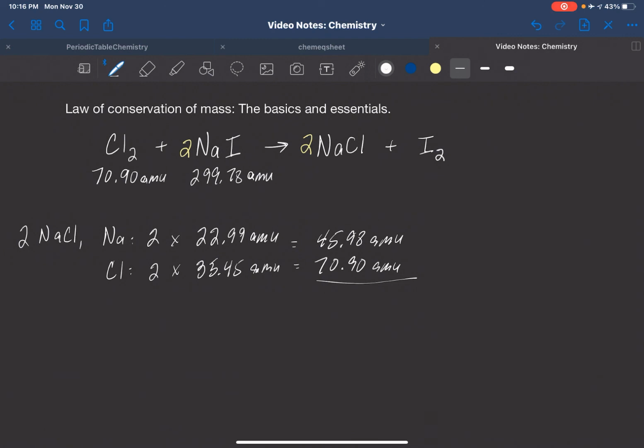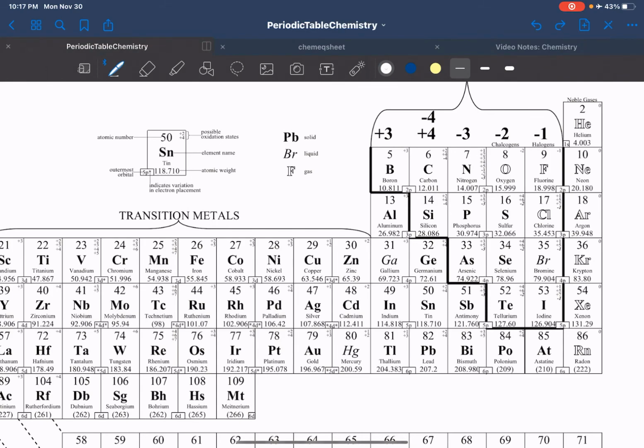Add those 2 numbers together. Double check my math for me, but it should be 116.88 AMU. So right here, this is 116.88 AMU. Now we've got our iodine. So there's 2 of these, and remember that was 126.90 if I remember correctly, right?